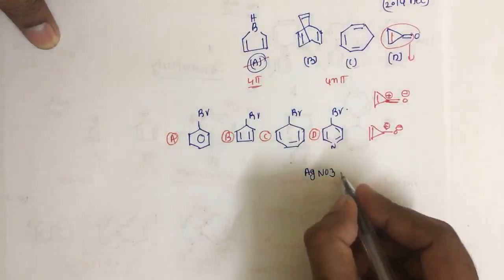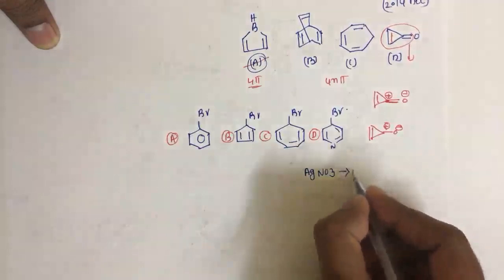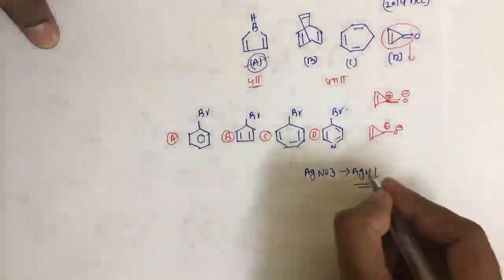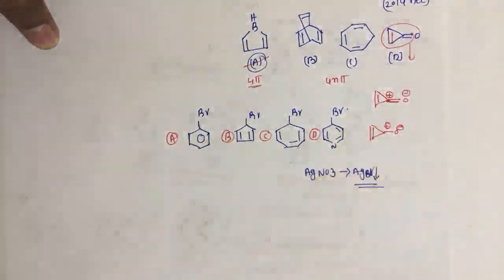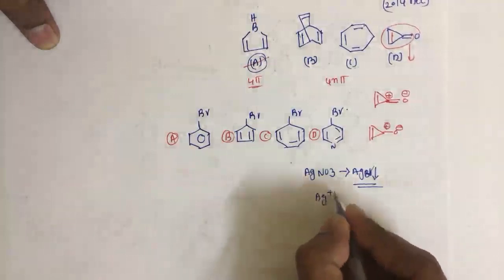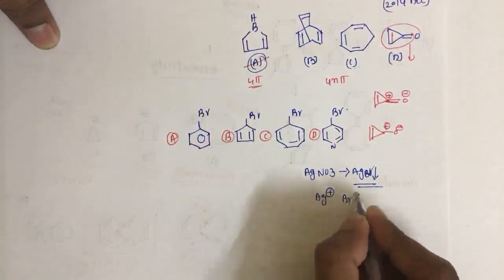Okay, that means precipitate forming means we have to generate AgBr. For that we know that this is Ag plus, and Br minus has to come from here.